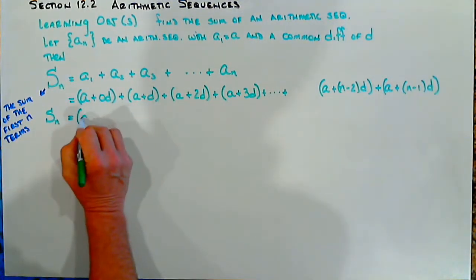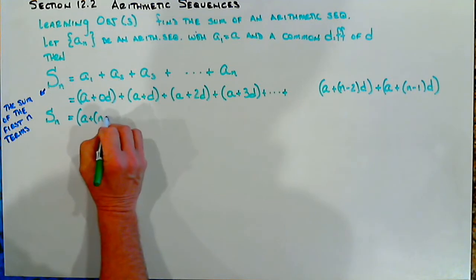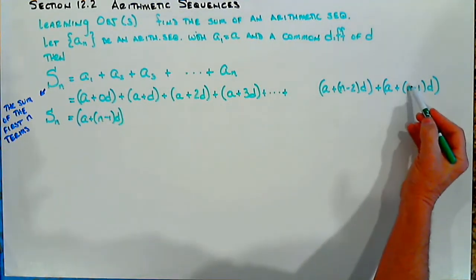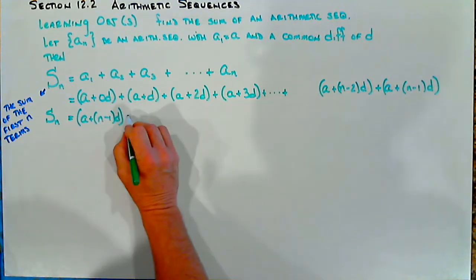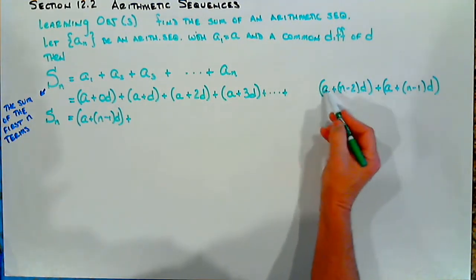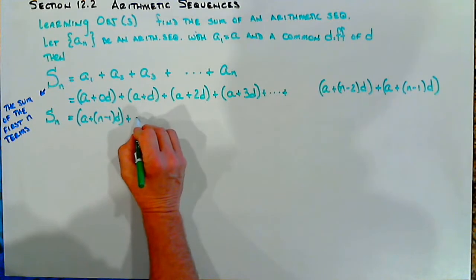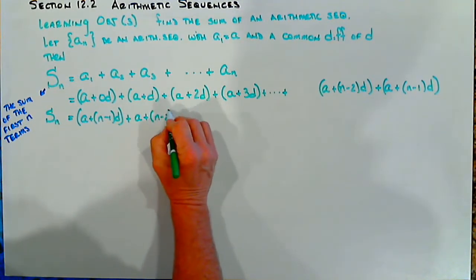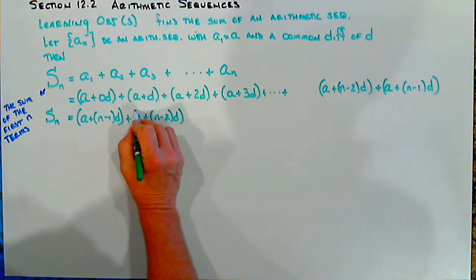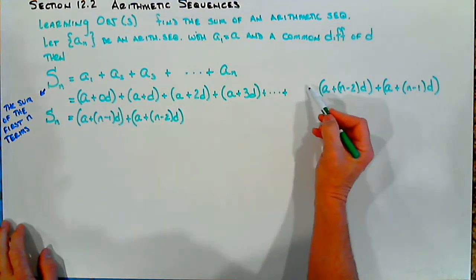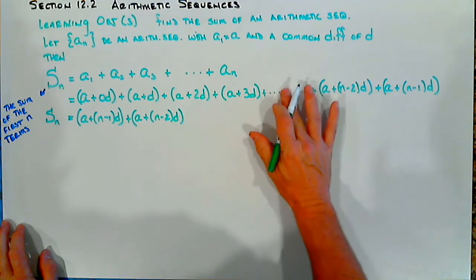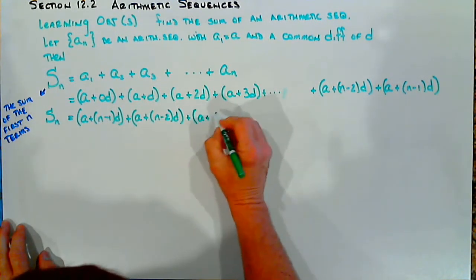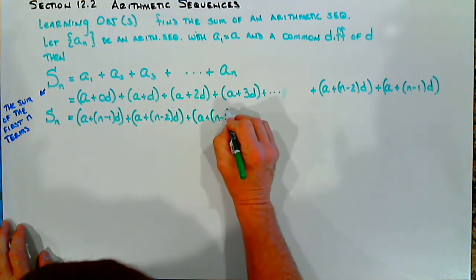Well, right here we're going to have a plus n minus 1 d, right? That's this term here written down there. Who comes second? Well, this term comes second, doesn't it? That's going to be a plus n minus 2 d's. Now, the term that came before this one, we didn't write it, but it was a plus n minus 3 d's.